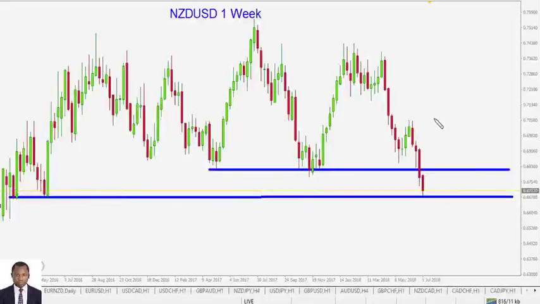I am sure only the news announcement will be able to push it out of here, either to the downside or back up. So for now, if you're trading the New Zealand dollar against the American dollar as a long-term trader, you know price is trapped between two levels, support and resistance.